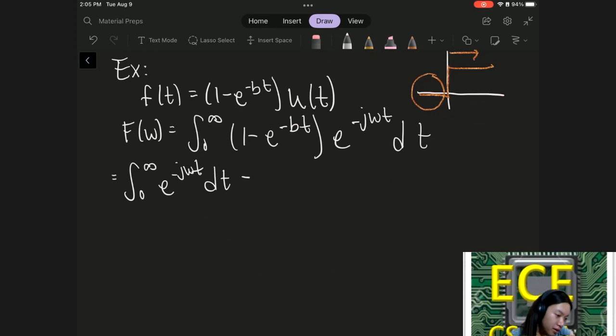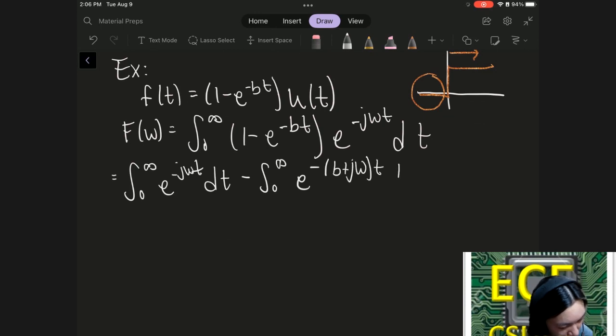And this is the integral from 0 to infinity of e to the minus (b plus jw) t dt. And then from there, take the integral of each one.